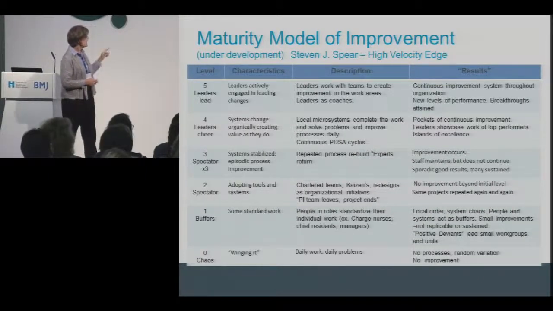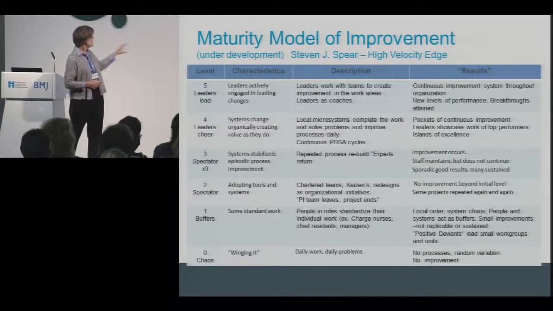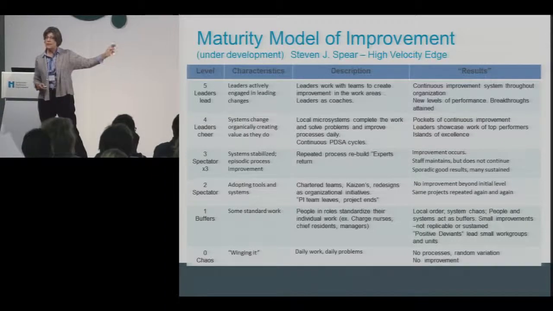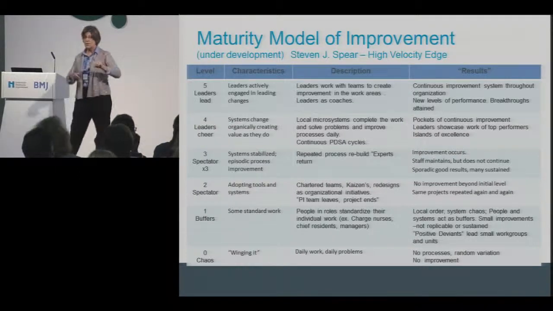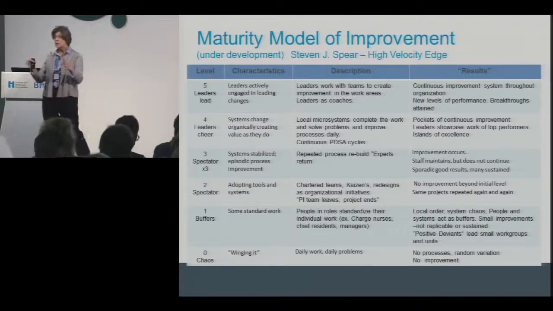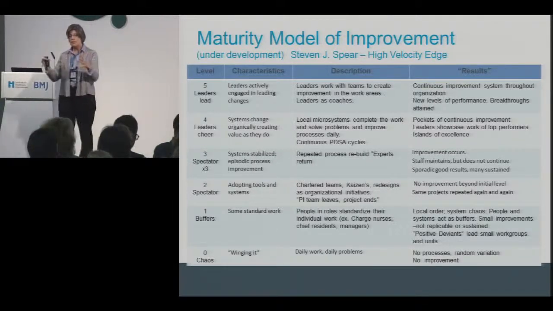The next level up is an interesting one. The other thing about the buffers is you see some standard work in this level, where people themselves individually do some standard work. So they either do buffers or they have their own standard work for their role in their job. So in the U.S. we have what we call charge nurses, and they run individual units.